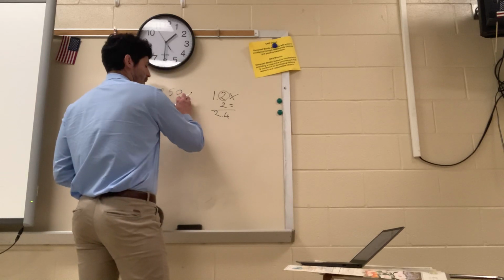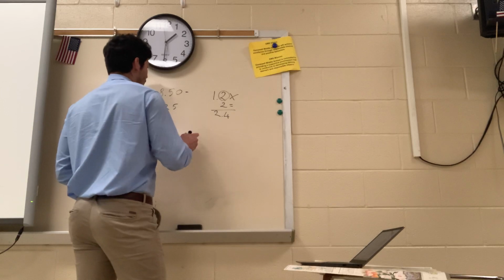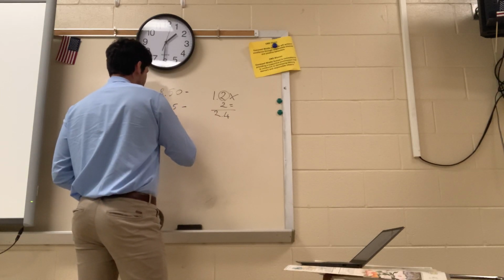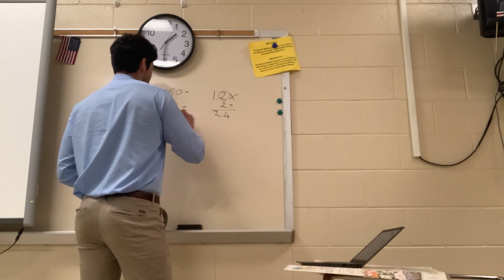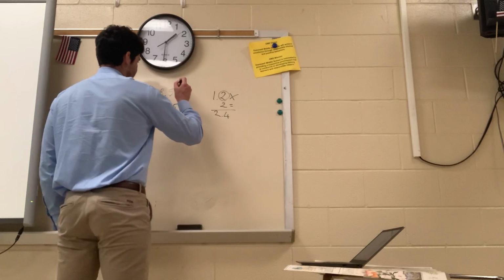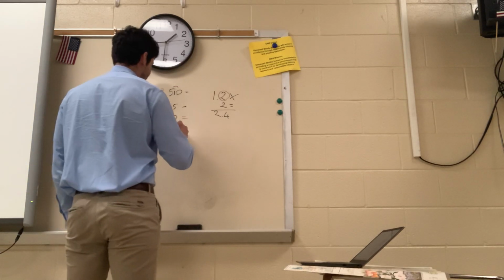So he started with $8.50. He spent $1.25 on sweets, and then he also spent $2.40 for his friends. How much money does he have left? So we're gonna subtract. 10 take away 5 is 5.